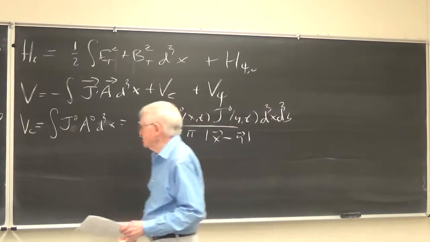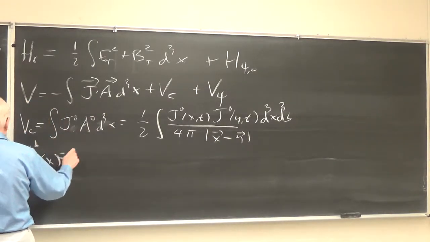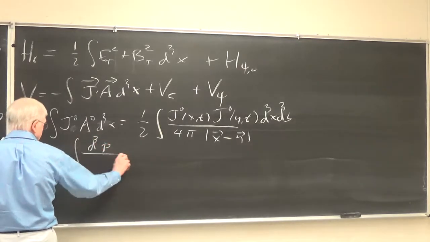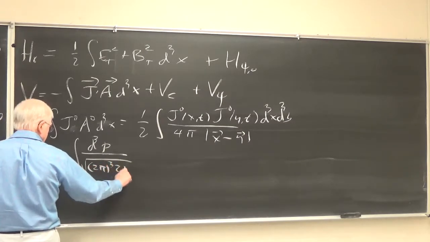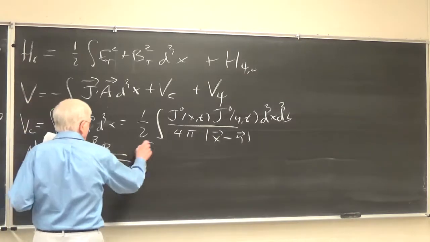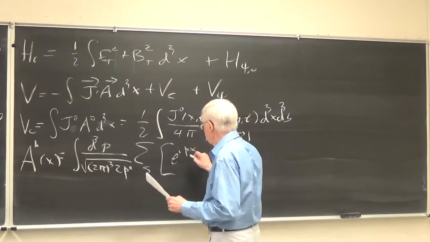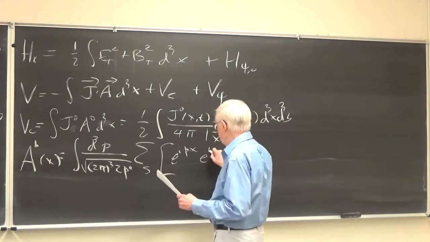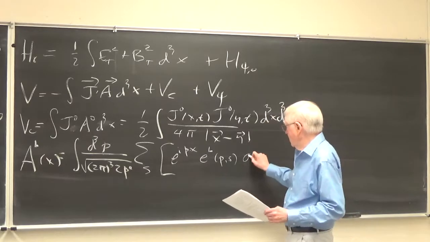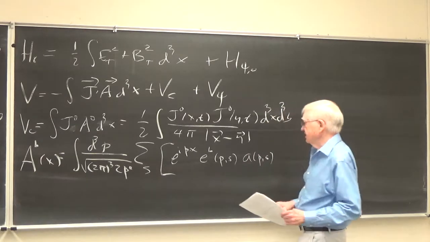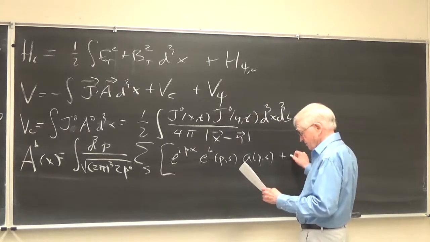The electromagnetic field is what you'd expect. A_b of x is an integral d cubed p over the square root of (2 pi)^3 2p^0, the sum over the two polarizations, e^{ip·x}, e_b, the bth component of the polarization vector for momentum p and spin s, times a, the annihilation operator for a photon of momentum p and spin s.